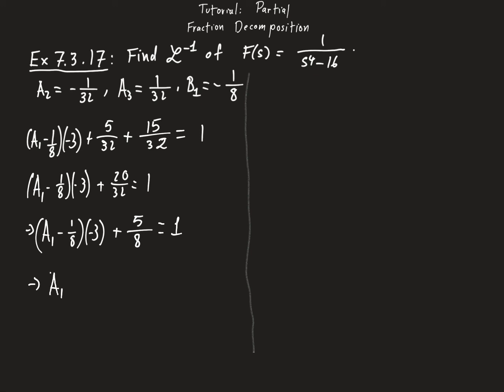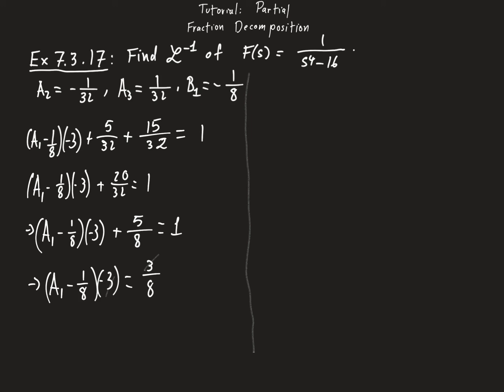You still have a1 minus 1 over 8 times negative 3 is equal to 1 minus 5 over 8, which is, of course, 3 over 8. Okay, so now we can cancel out the 3's, but don't forget the negative sign.